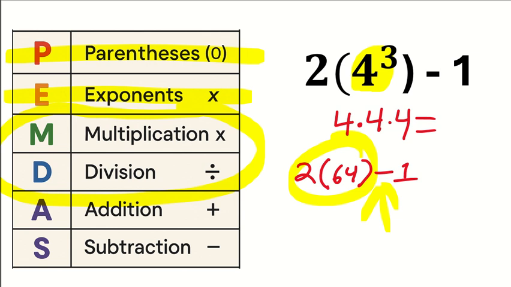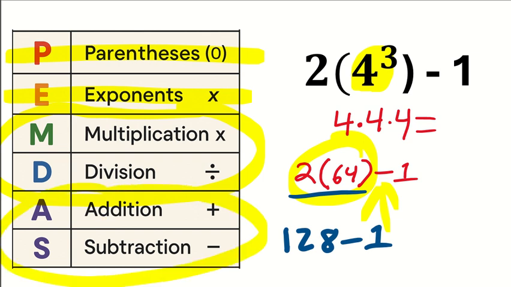So we're going to do our multiplication first. So we have 2 times 64. 2 times 64 is in fact 128, which leaves us with 128 minus 1, which is 127. Which is the value of the expression.